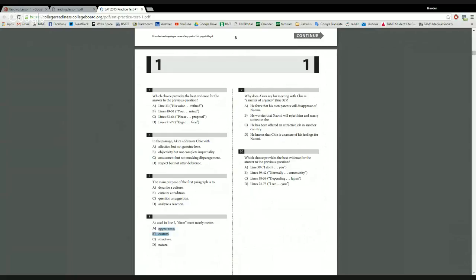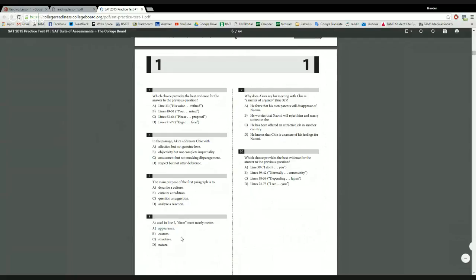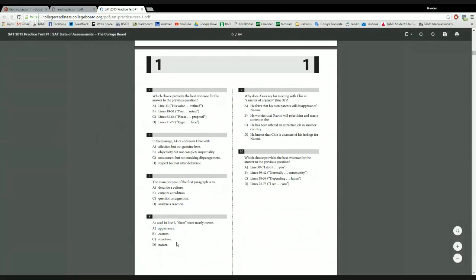So that is actually the correct answer. But we have to look at the other answers first just to make sure. Structure is kind of similar to a process, but not really. So we would cross out A and D. The nature is not exactly what we're looking for. So A and D would be incorrect, and then we go to B and C. But custom is more similar to a process or procedure, especially with a tradition. So that is the correct answer. B.